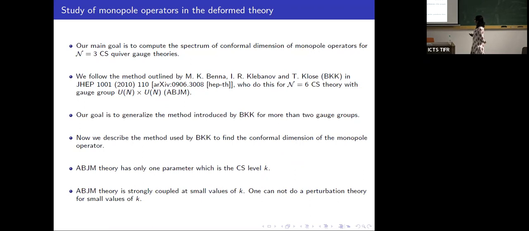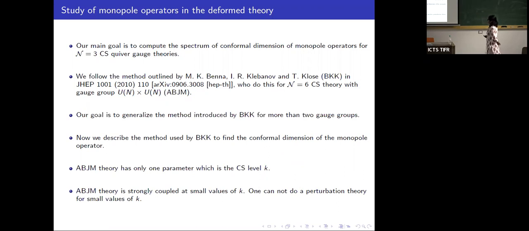This theory is widely known as the ABJM theory, a three-dimensional theory with N equal to 6 supersymmetry. There is a Chern-Simons level k in the theory, and the supersymmetry can be enhanced to N equal to 8 for Chern-Simons levels 1 and 2.